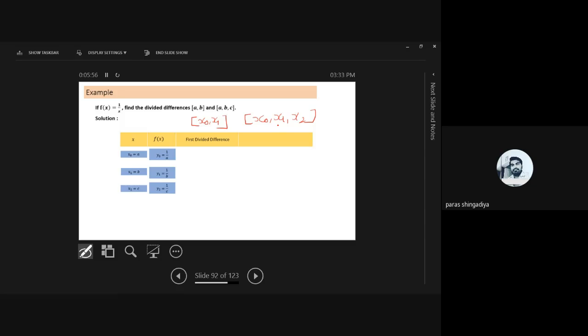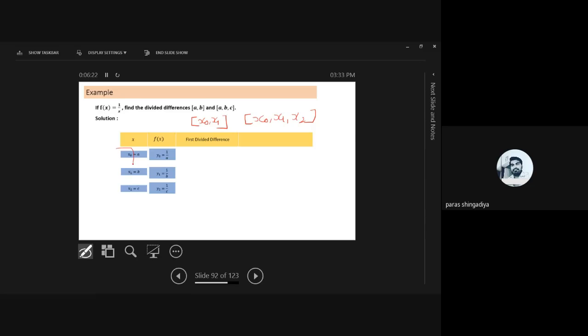Identify the function output. The function that we have is fx is equal to 1 upon x. So identify f of a, f of b, and f of c. What will be f of a? That will be 1 upon a, f of b will be 1 upon b, and f of c will be 1 upon c.